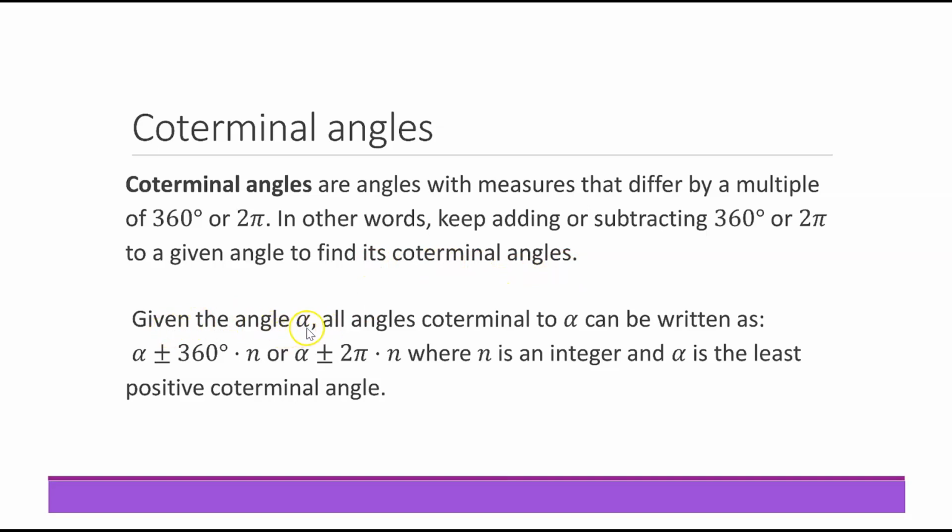Given the angle alpha, all angles coterminal to alpha can be written as alpha plus or minus 360 degrees times n, or in radians, alpha plus or minus 2 pi times n, where n is an integer and alpha is the least positive coterminal angle. So this expression is just saying that we're either going to add or subtract n copies of 360 degrees.